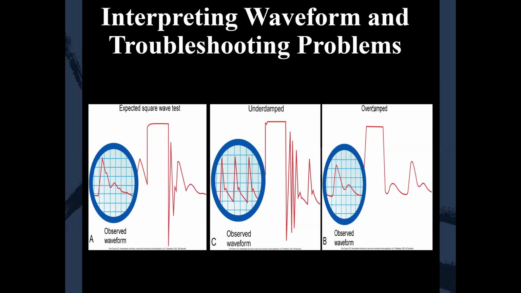And then the last, the overdamped, is definitely either a kinked line or an error in the line, or a disconnect, or not enough pressure within the bag. So I've got a problem to solve now because I have absolutely no oscillations over here.